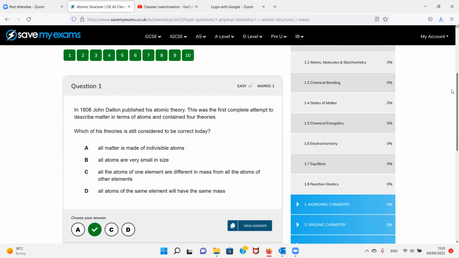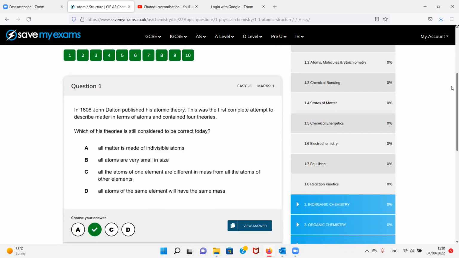First, all matter is made of indivisible atoms. Two, all atoms are very small in size. Three, all the atoms of one element are different in mass from all the other atoms of other elements. And finally, all atoms of the same element will have the same mass.